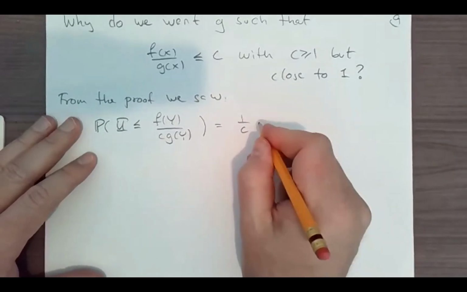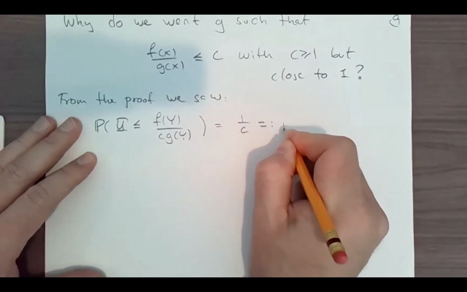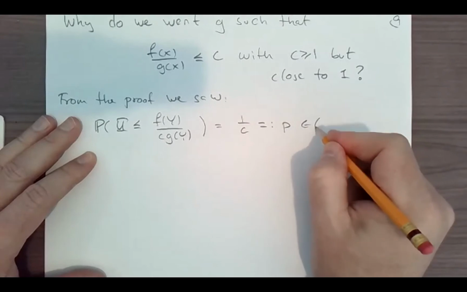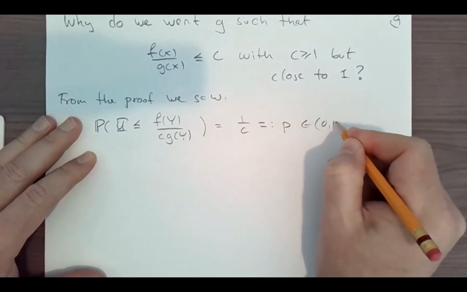So I could call this p. This now is going to be a number between 0 and 1.